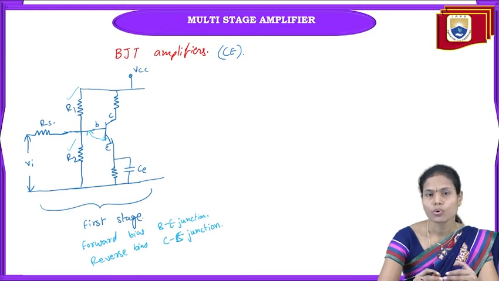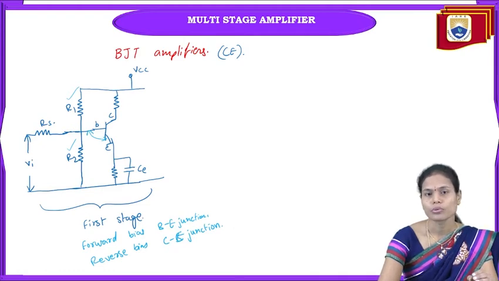Why we are preferring only voltage divider biasing here. If you take the fixed bias circuit, the voltage level is fixed and the corresponding collector current is also fixed. But in that case, the stability factor we are getting is very high.